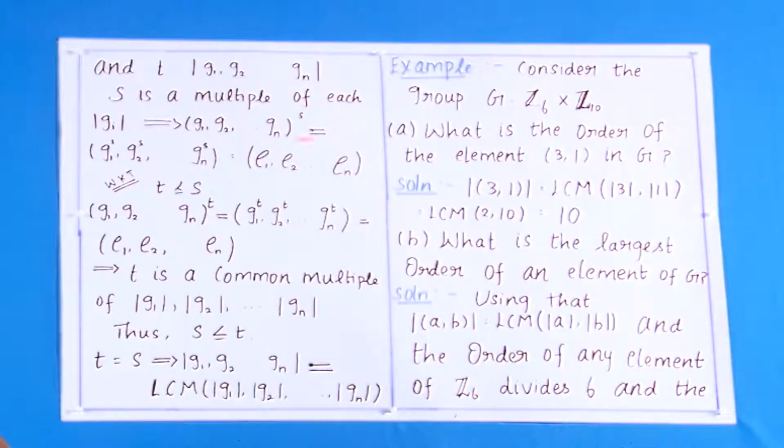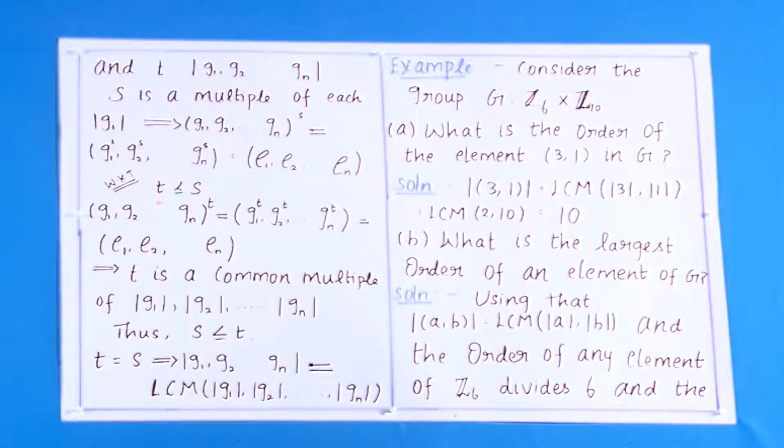Since S is a multiple of each order of gi, this implies that (g1, g2, so on up to gn) to the power S is equal to the ordered tuple (g1^S, g2^S, so on up to gn^S). And this is clearly (e1, e2, so on up to en).